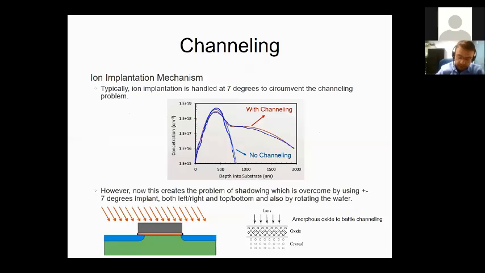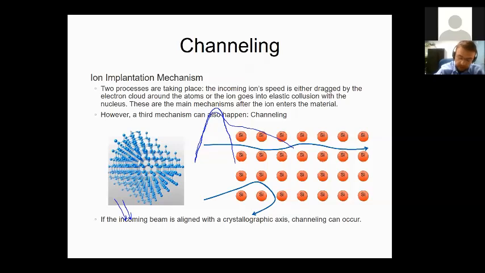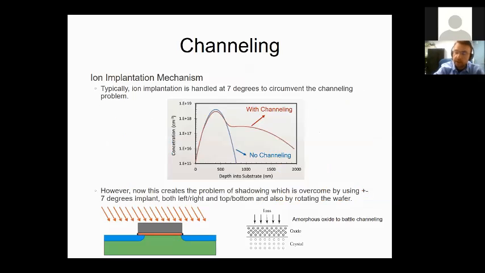How can you circumvent that? One way is to send the ions with an angle, just like the case here. Send with an angle, and then you see that it's going to strike the silicons in the crystal. Yes, but then that will make sure that this portion will be shadowed. Well, how are you going to counteract that?